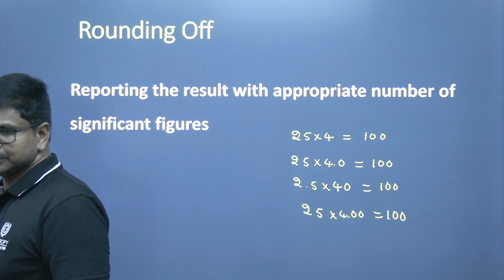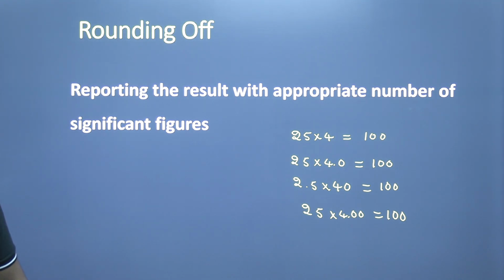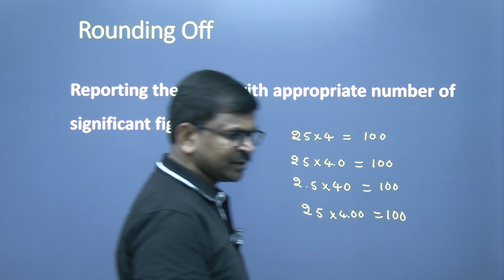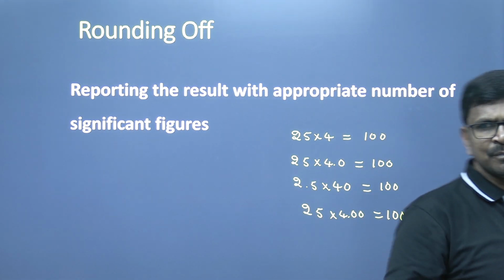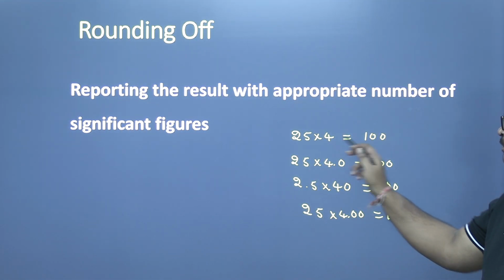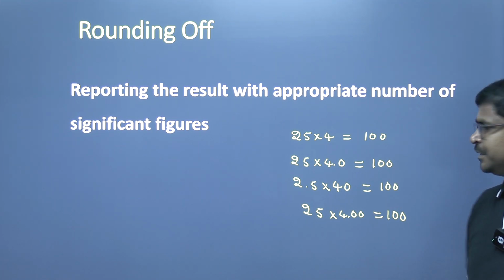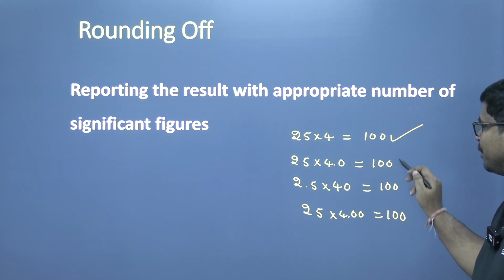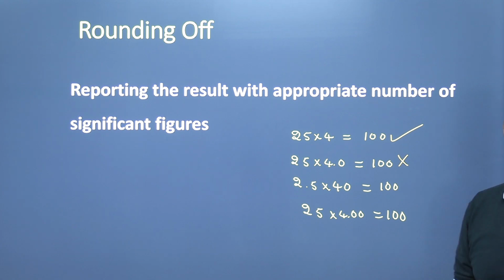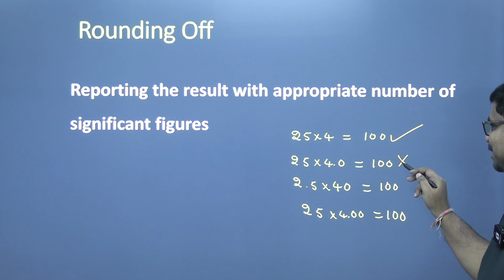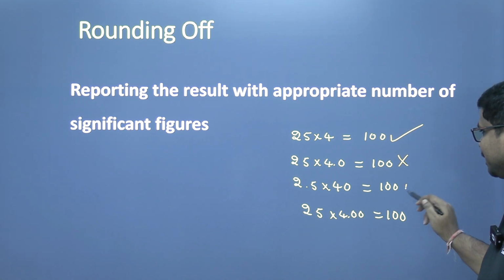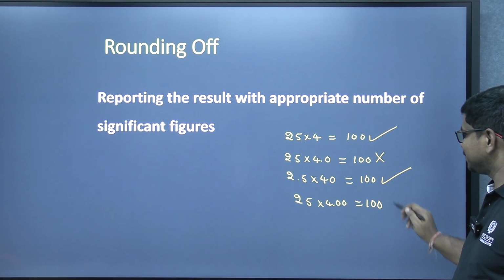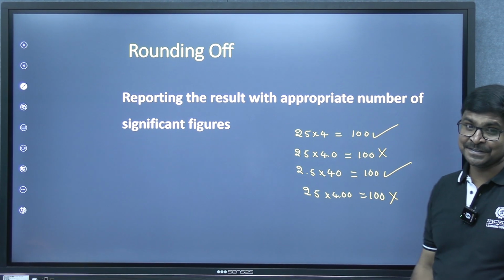Valid? Are you sure? According to mathematics, all are perfect, correct? Correct. But if you take science into consideration, this is right, but this is wrong; this is right, this is wrong.